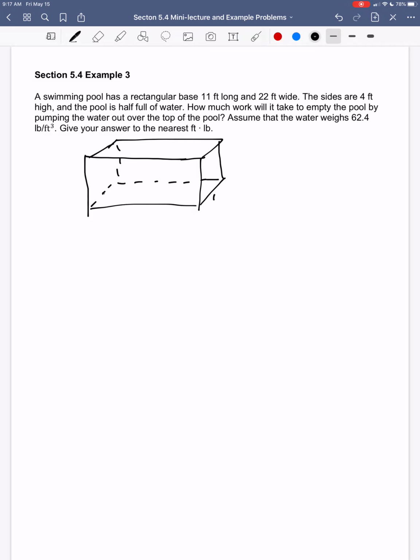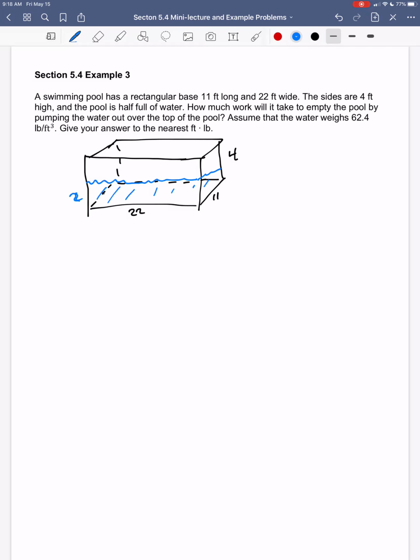So we can say this is 11, this is 22, and it says it's 4 feet high, but it's only half full of water. Right? So there's only 2 feet of water actually in the pool.